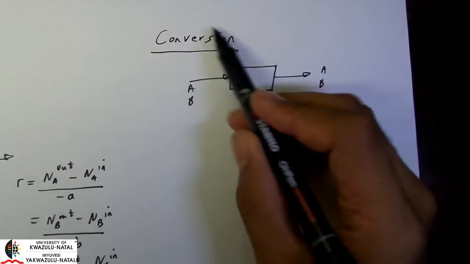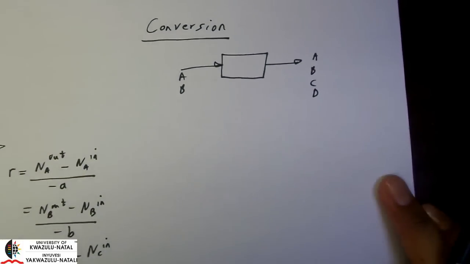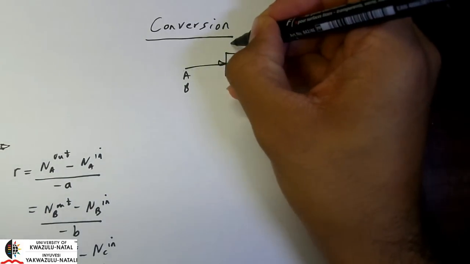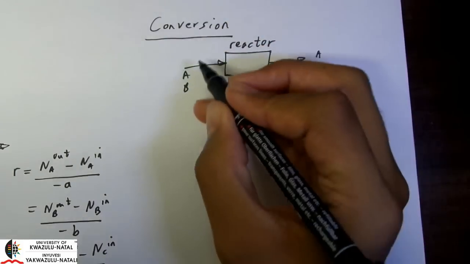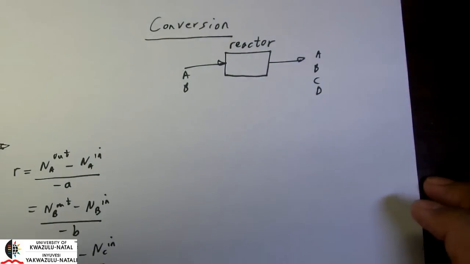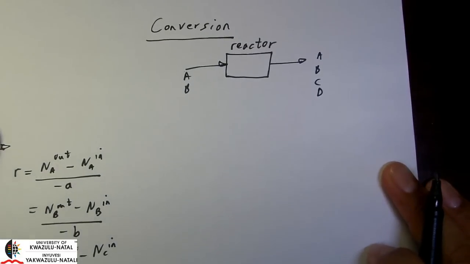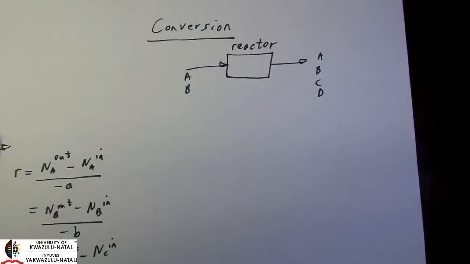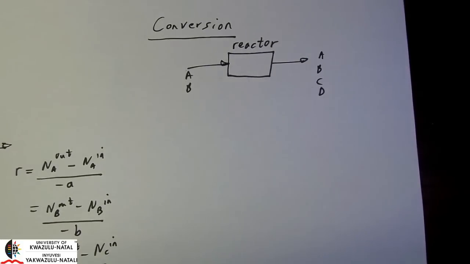Another term that I would like to introduce before we look at an example is the conversion. If we consider a typical reactor, it has two or more reactants being fed to it, and we of course get some products. Usually one of the reactants will be a principal reactant, or a reactant that's being dealt with in greater importance.